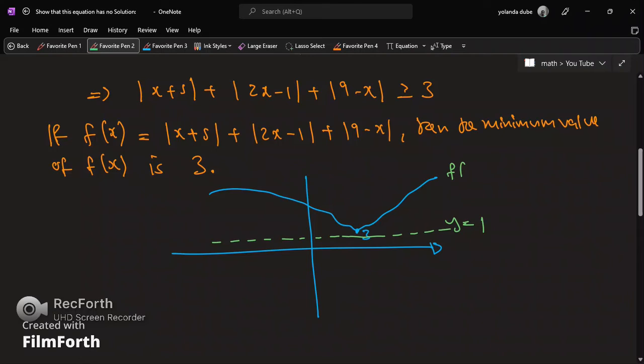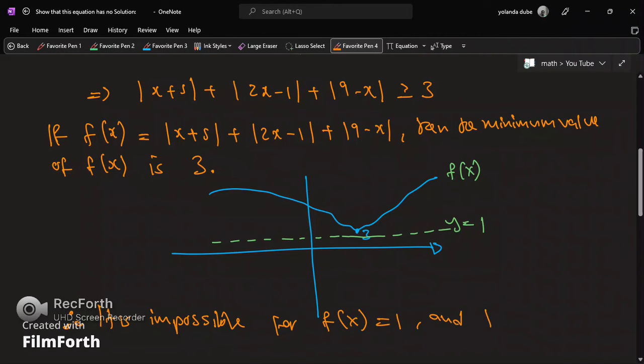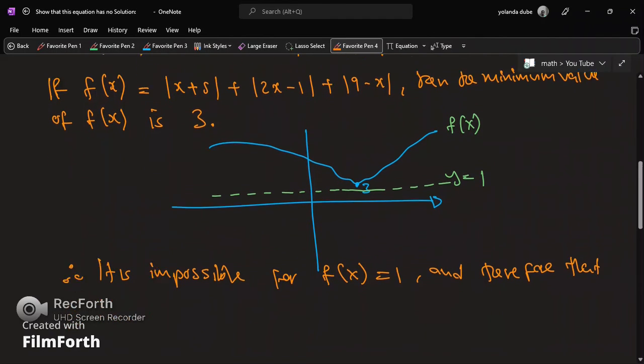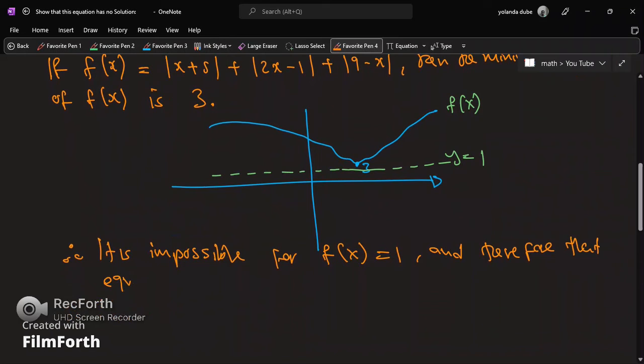Just from this visual image, one can see that it's impossible for f of x to be equal to 1, and therefore that equation has no solutions.